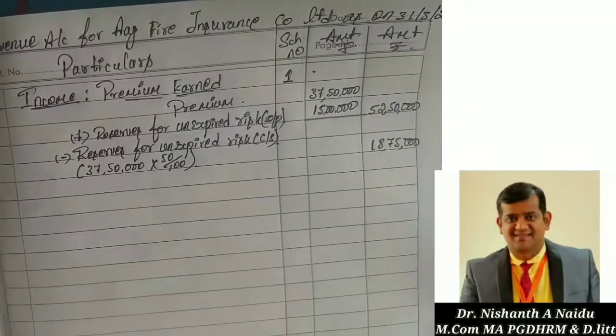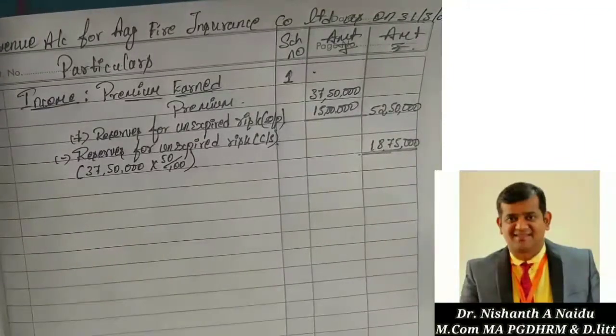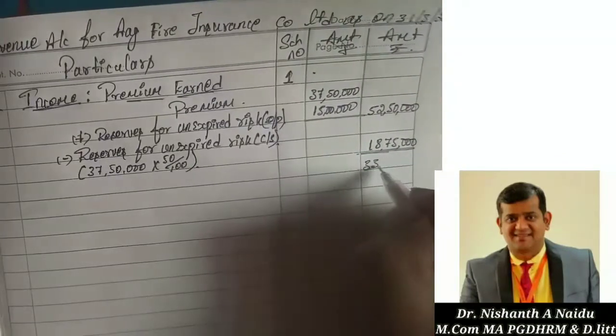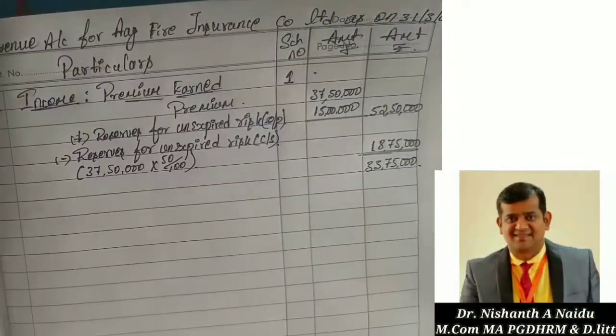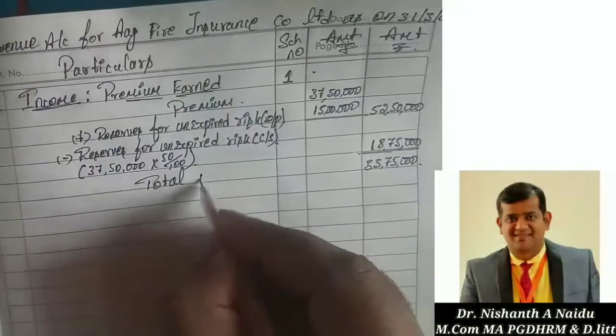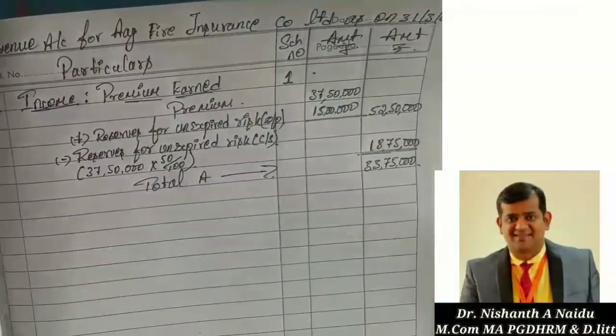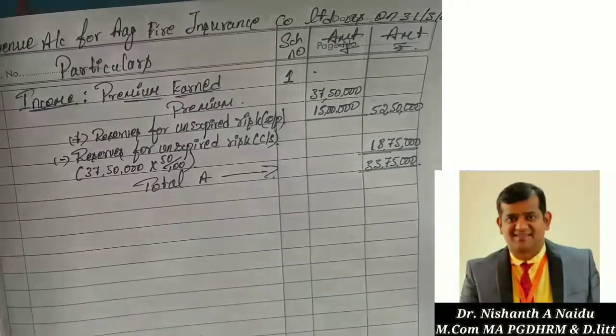So now deduct that 18 lakh 75,000 and find the difference. 52 lakh 50,000 minus 18 lakh 75,000, 33 lakh 75,000. We call it total A, that is income.